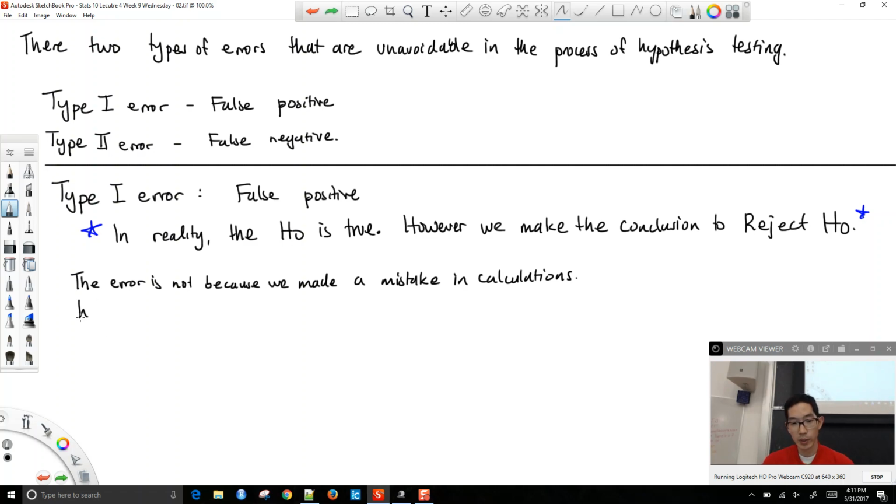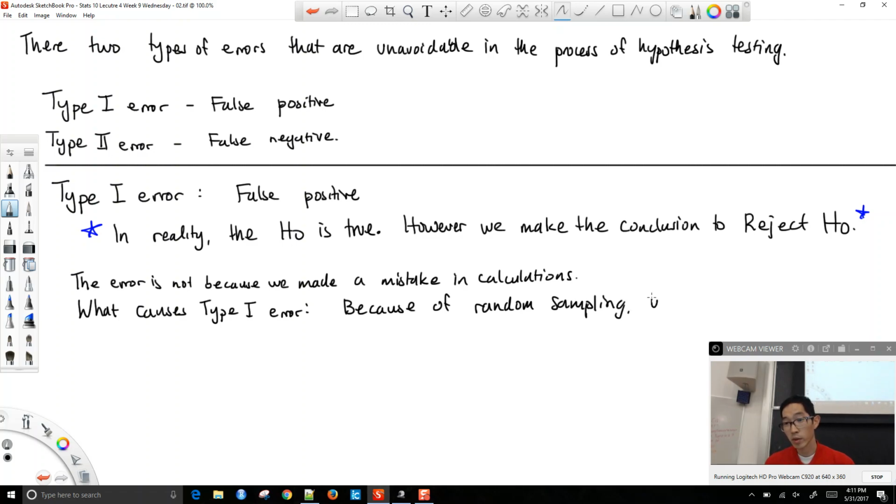So what causes type 1 error is that because of random sampling, we happened to get a weird sample that leads us to the wrong conclusion.